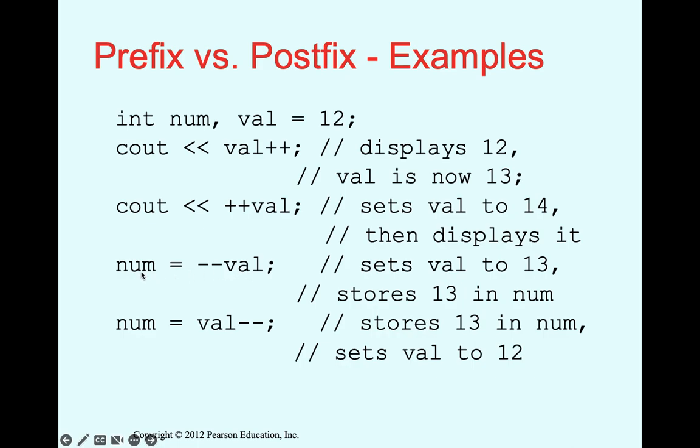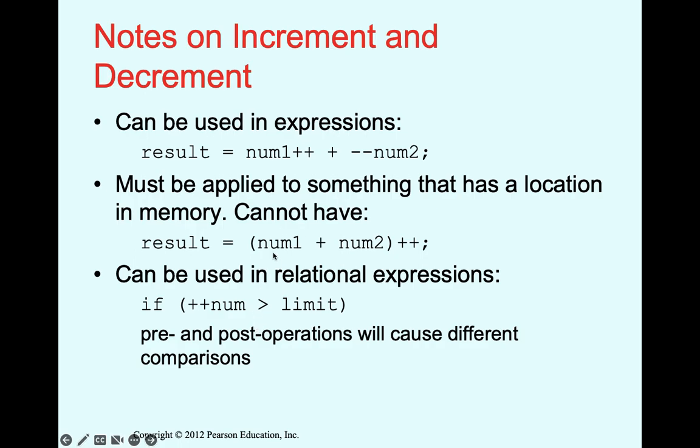Same with num equal minus minus value. We will decrement value first, and then we will store this value in num. Here, with value minus minus, we will store the old value of value in num, and after that we decrement it. We can also use it in some expression like this, result equal to num1 plus plus plus minus minus num2.